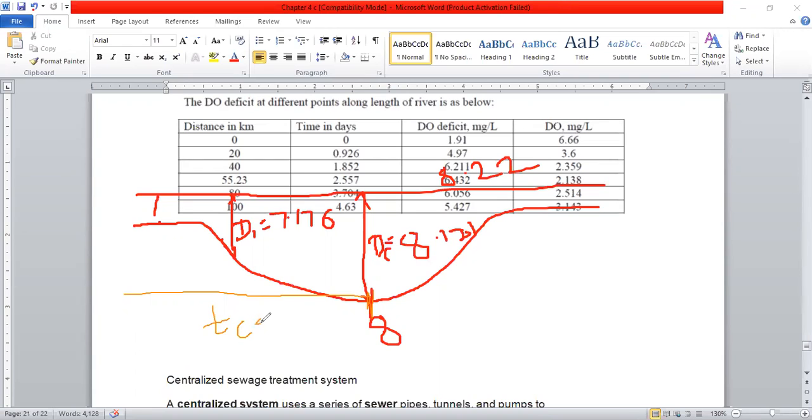That is 2.019. Okay, so this way you can draw the profile as an answer to your question.